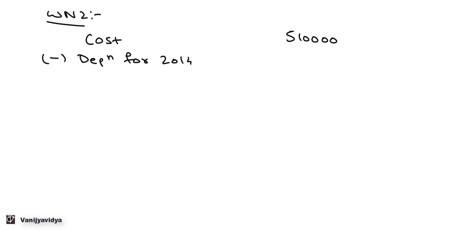Working note 2. Now total cost is 5,10,000 minus depreciation for 2014. So depreciation for 2014 will be your 5 lakh divided by 2,50,000 into the number of units produced in 2014. Let's see how much it is.